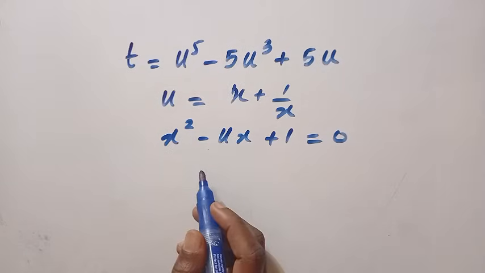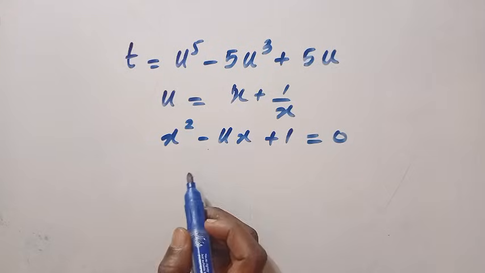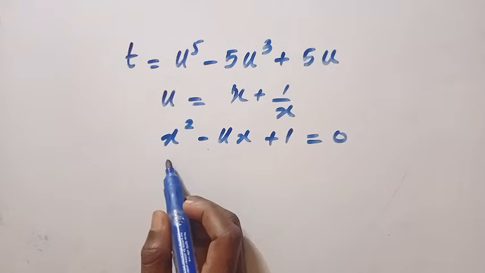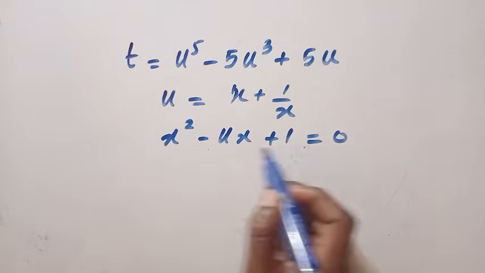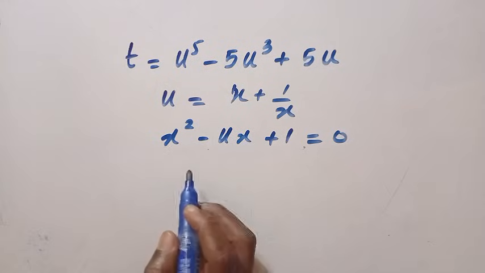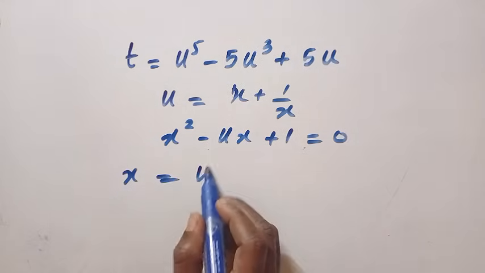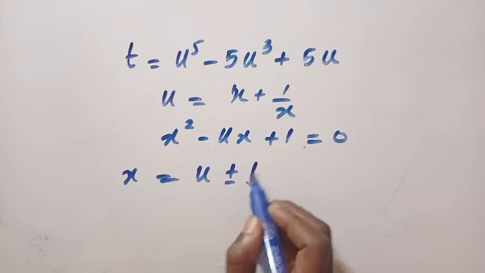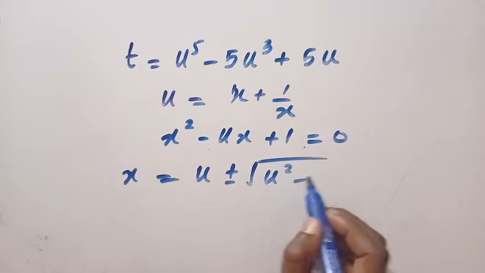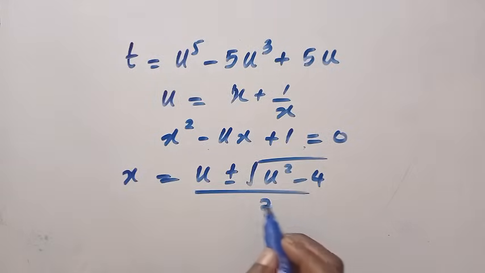With this, we are going to solve for the value of x, and x always satisfies these equations. So solving for x quadratically, we have x equals u plus or minus the square root of u squared minus 4, all divided by 2.